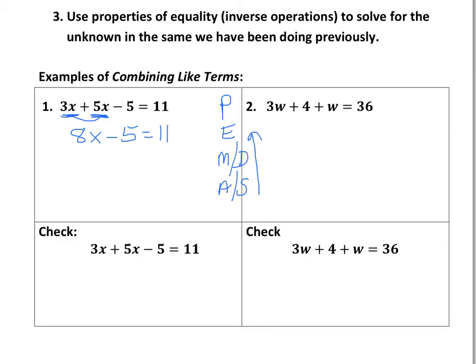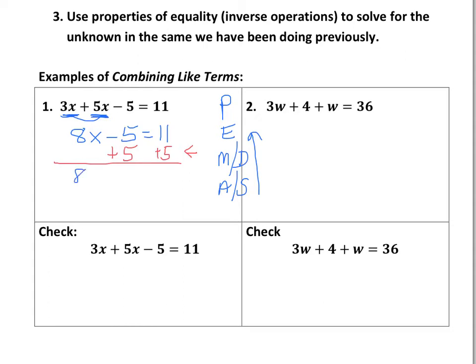So if we look at our unknown here, we've got subtraction of 5 and we've got a multiplication of 8. We're going to work bottom up and undo the subtraction first with addition. Whatever we do on one side, we're going to do on the other. This particular thing we're doing here is called the addition property of equality.